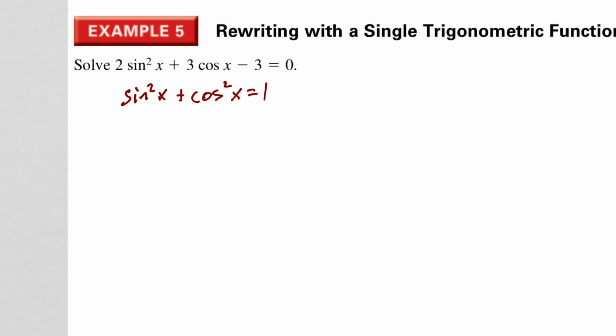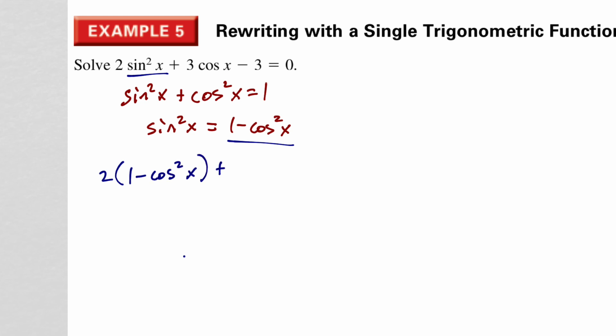So if I isolate sine squared by subtracting cosine squared, I get that sine squared is 1 minus cosine squared. And so now I'm just going to replace sine squared here with 1 minus cosine squared. So it's going to leave me with 2 times 1 minus cosine squared plus 3 cosine minus 3 is 0.